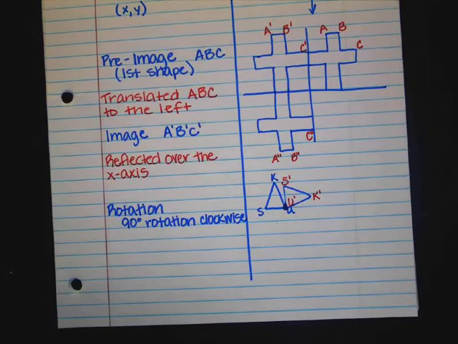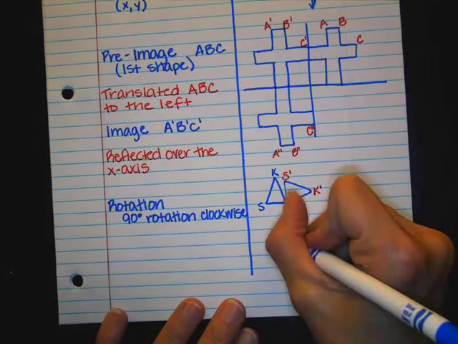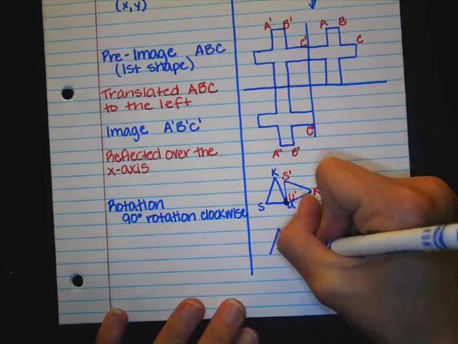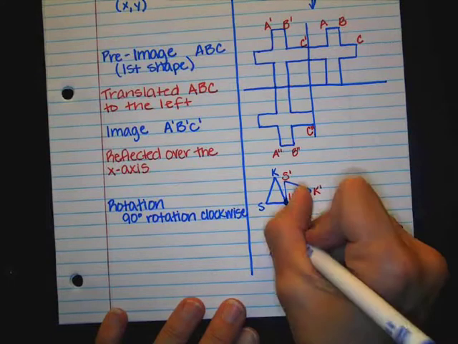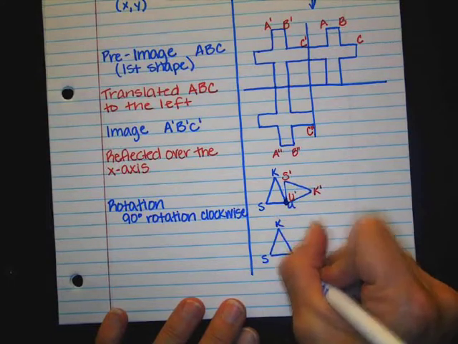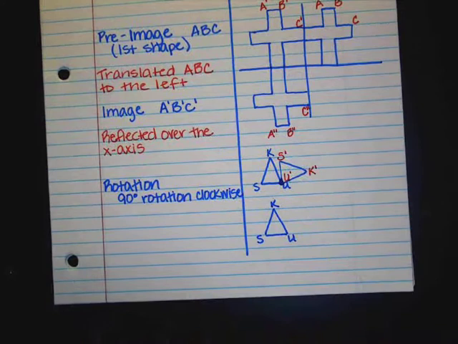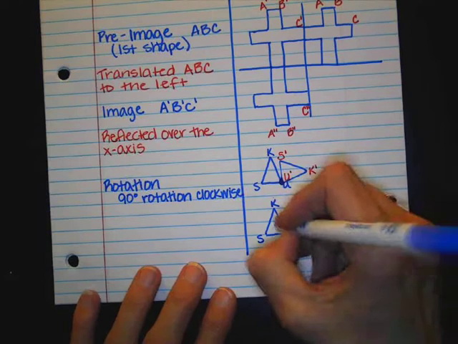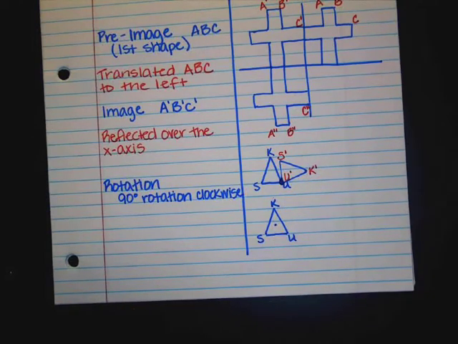What would have happened if I would have taken the same triangle, KSU, and rotated it from the K? Nope, I'm going to put my point of rotation smack dab in the middle of the triangle.